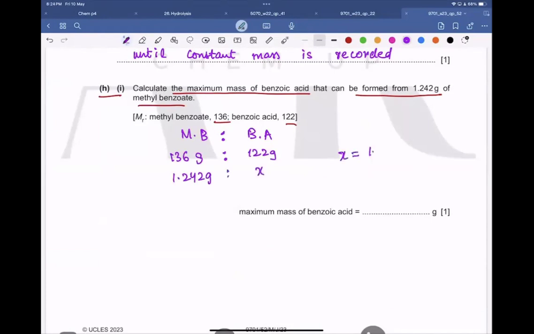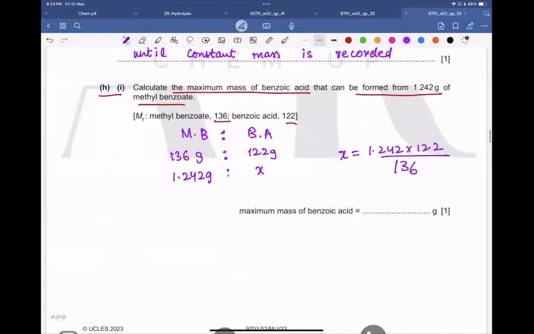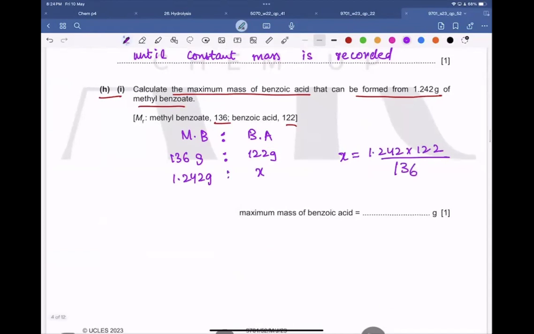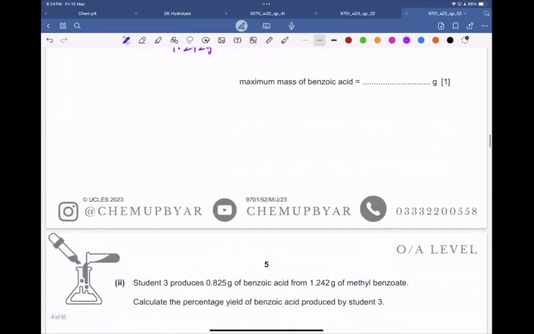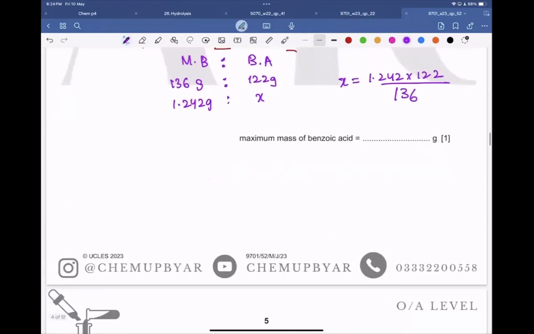If you calculate the value, it is going to be 1.242 times 122 over 136. Yes, can anyone calculate the answer? Okay, it's 1.11. Thank you, Hussein.